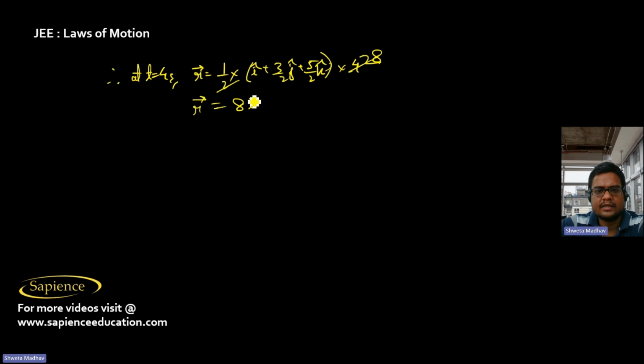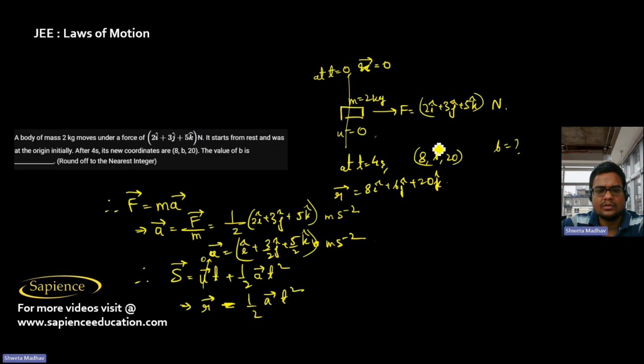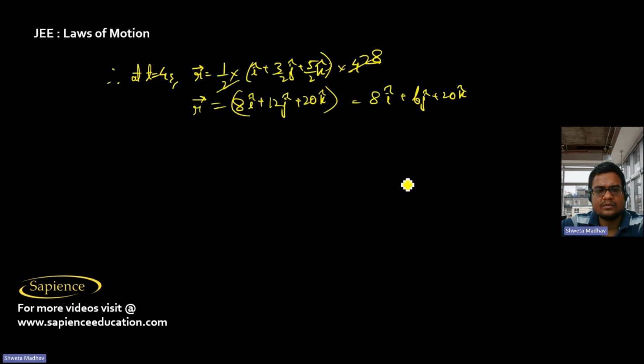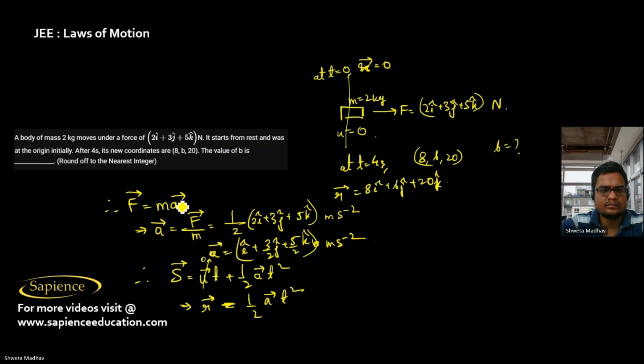So this will be 8 i cap plus 2 for the 8, 4 3 is 12 j cap plus 2 for the 8, 4 5 is 20 k cap. So this is equal to 8 i cap plus b j cap plus 20 k cap, as it has been told. So therefore, the value of b will be 12. The value of b is 12. So 12 is the correct answer.